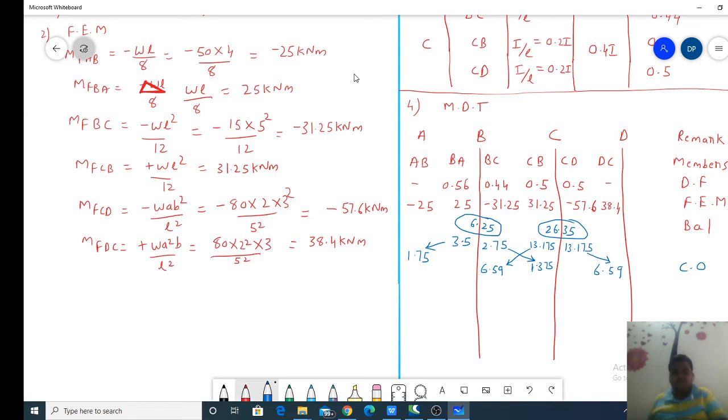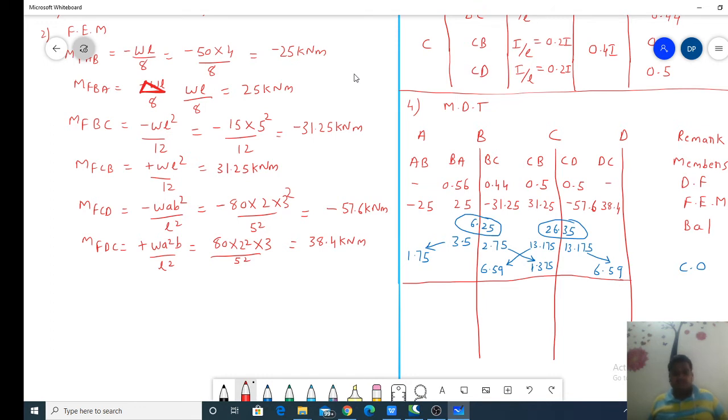Now this was only to understand, I have written here 6.25 and 26.35. For the next step you can directly do it. Now I take the algebraic sum: 6.59 plus 0 is 6.59, change the sign, so minus 6.59.